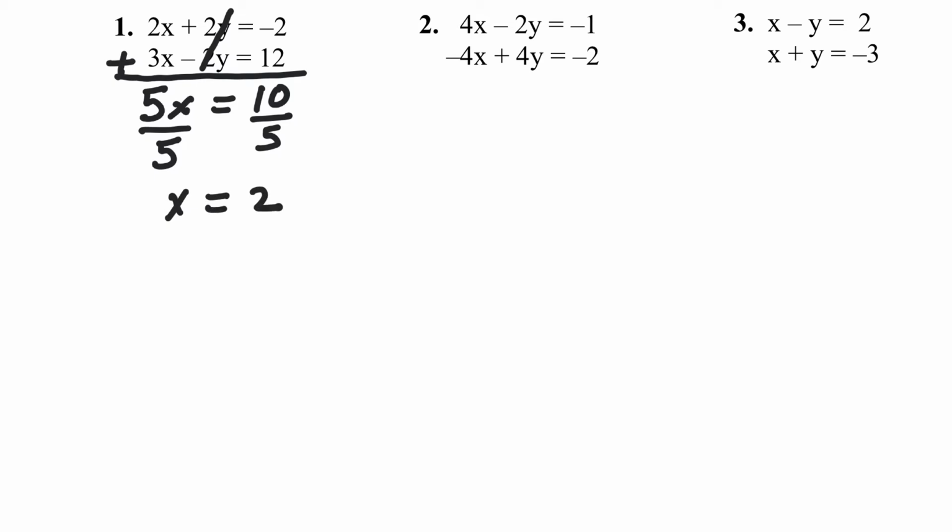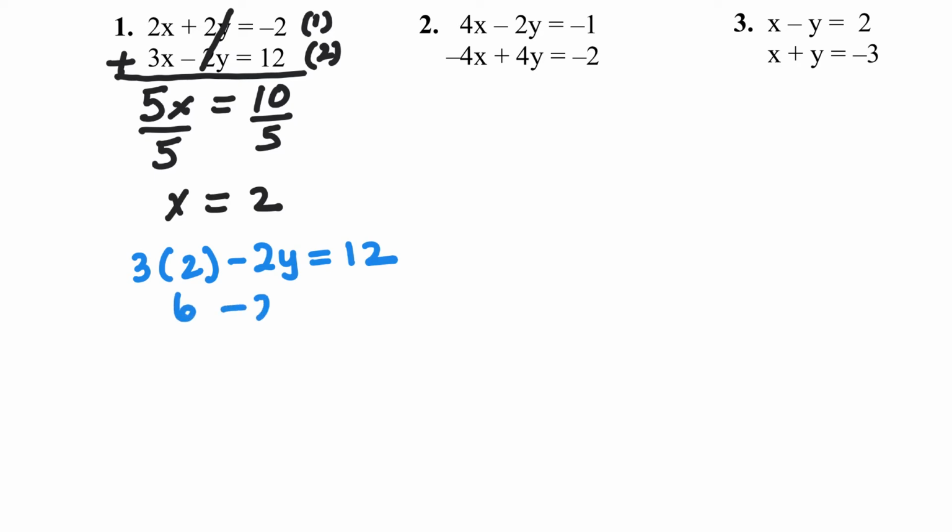And now you've got to either select the first equation or the second equation. It really doesn't matter which you use. I'm going to use the second equation. So we have 3 times 2 minus 2y equals 12. 3 times 2 is 6, minus 2y equals 12.